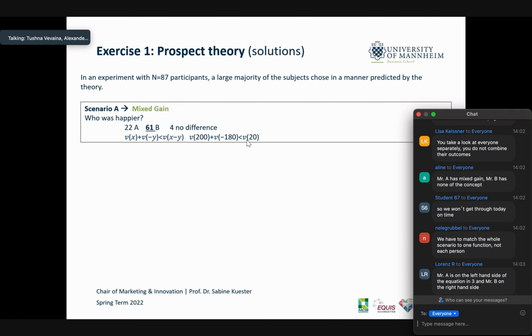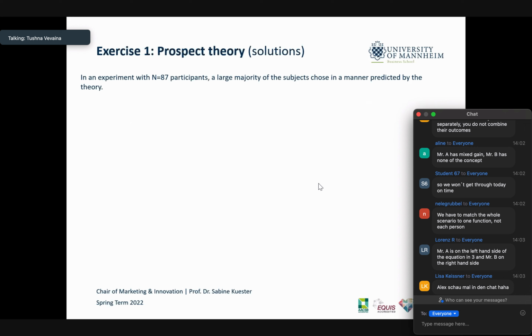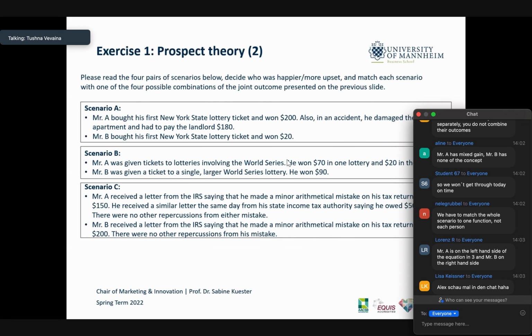No, because Mr. A has a mixed gain. Because if you compare, then for scenario B, for example, what would you say? You're not comparing A and B, you're comparing what Mr. A is doing and saying this scenario is a scenario of multiple gain and multiple loss.